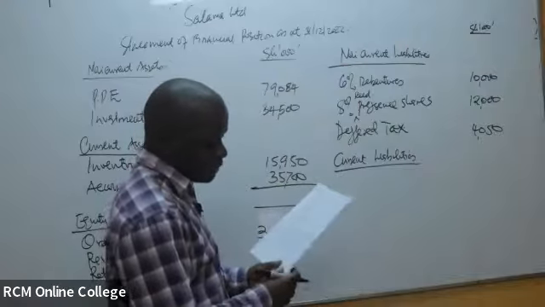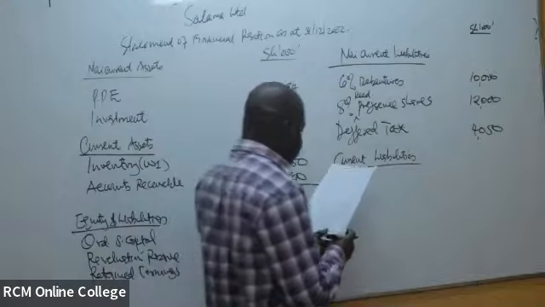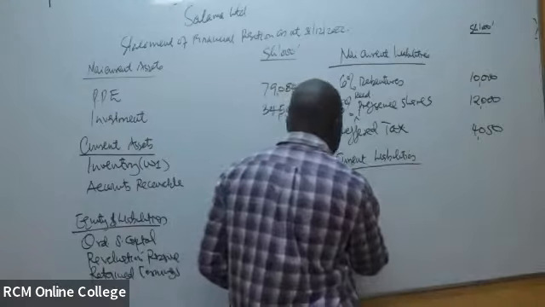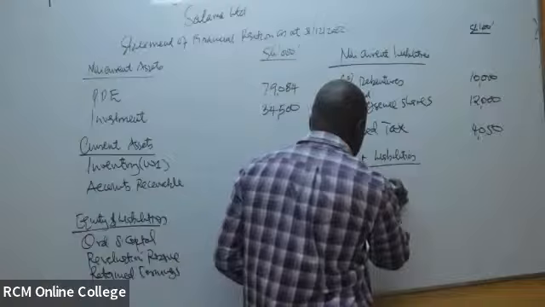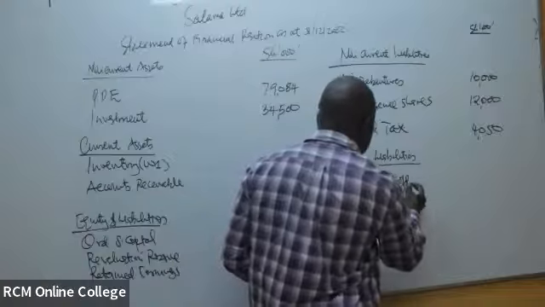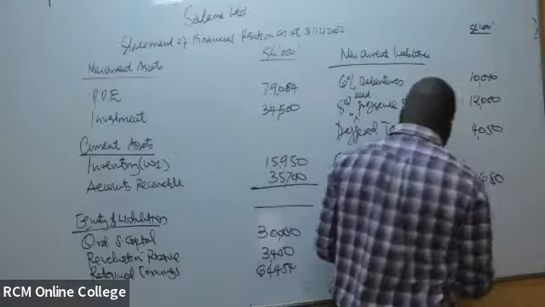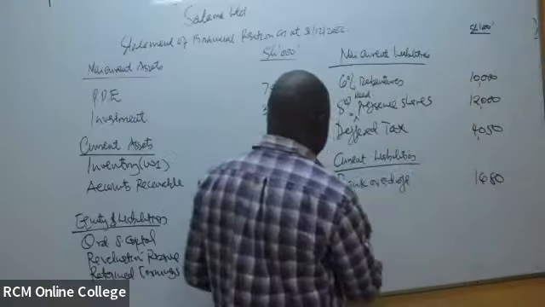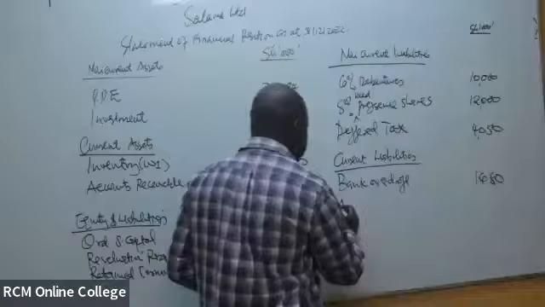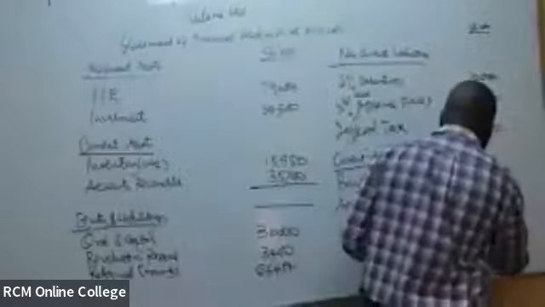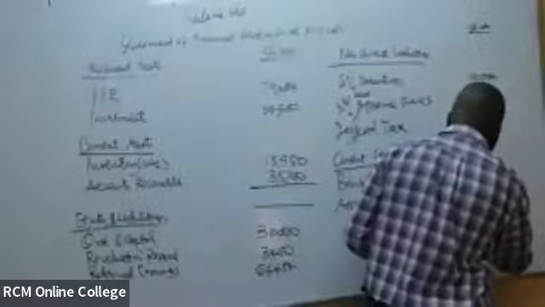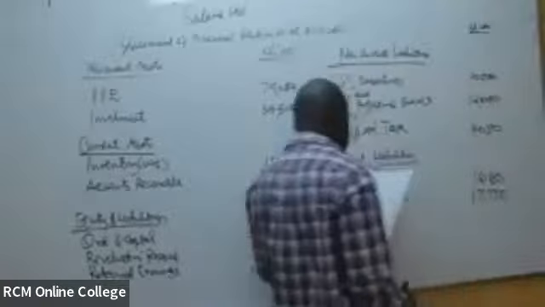There's a bank overdraft of 1,680. We have also accounts payable of 17,770.